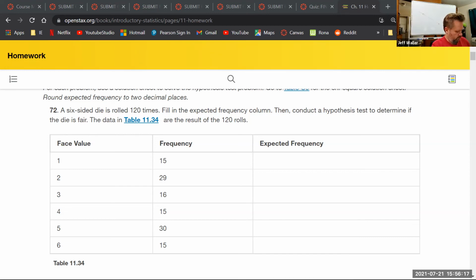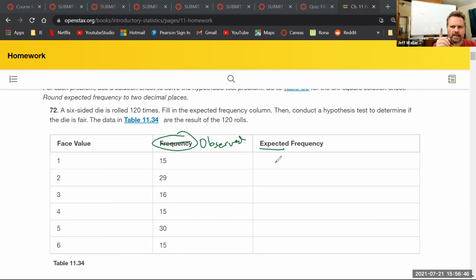This is another name for observations here. This is observed. Remember how frequency is the number of things we observe in each class. You with me? Yeah. So frequency is just another name for observed, and then this is the expected frequency. So that's the expected value. Now, of course, we did a problem.